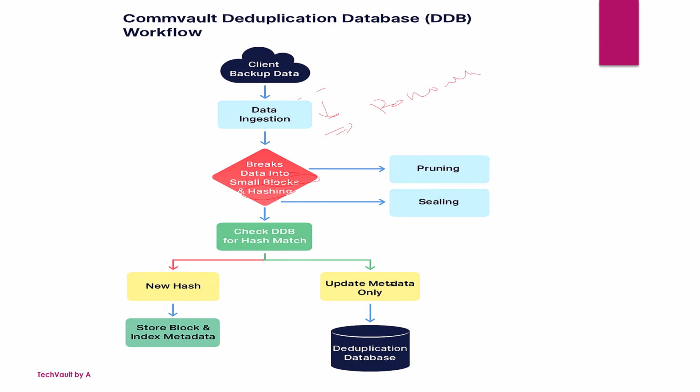The interviewer may ask which algorithm DDB uses to identify the chunks or blocks. This is the hash algorithm. Hash algorithms are used by the DDB to identify duplicate data at the time of the backup operation, from the data itself. It checks the DDB for a hash match. For a new hash, it stores the blocks and indexes metadata; for the matching one, it updates the metadata only.